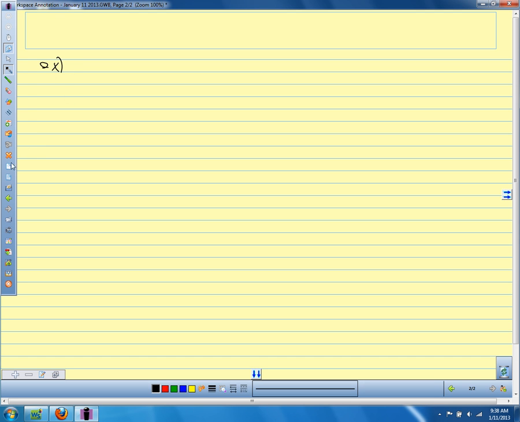So here's our triangle for the first one. And this is our 90-degree angle, our right angle. So we have 34 centimeters and 15 centimeters. And we want to know this side.